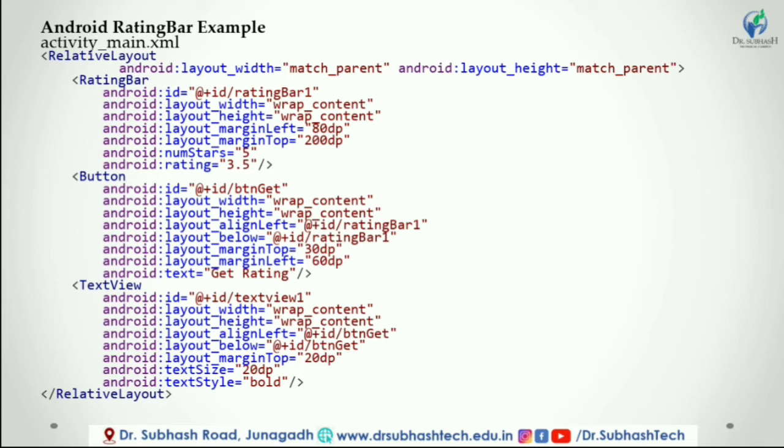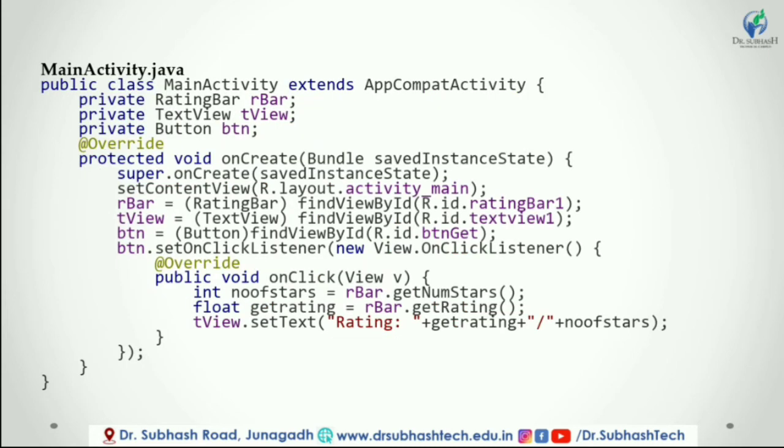For that, open MainActivity.java file and write the code like as shown below for main activity. If you observe above code, we are calling our layout using setContentView method in the form of R.layout.layout_file_name in our activity file.